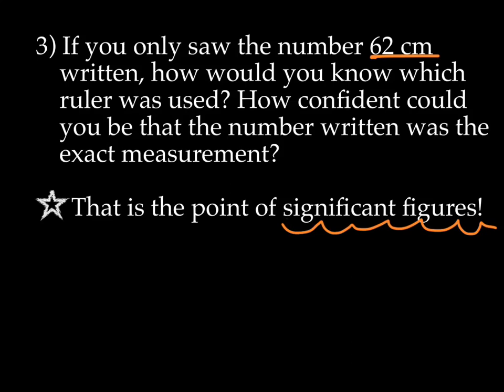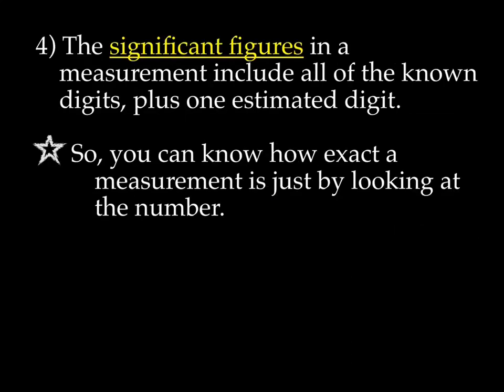Using significant figures allows a number to represent two important pieces of information. First, it allows for the numerical representation of the measurement, and second, the degree of confidence in that measurement. So when using significant figures, the significant figures in a measurement include all of the known digits.